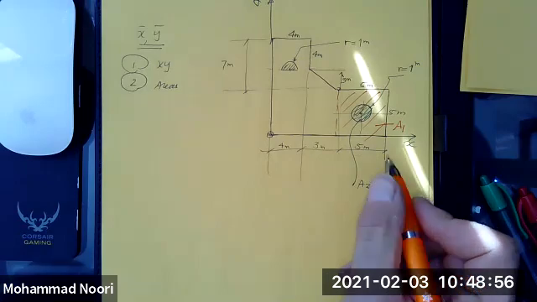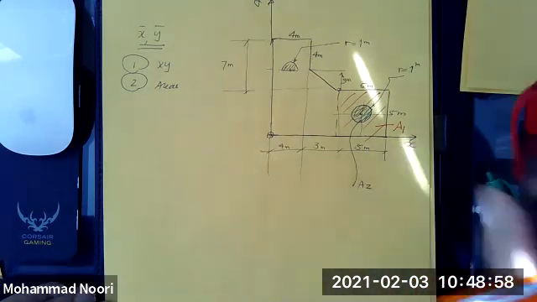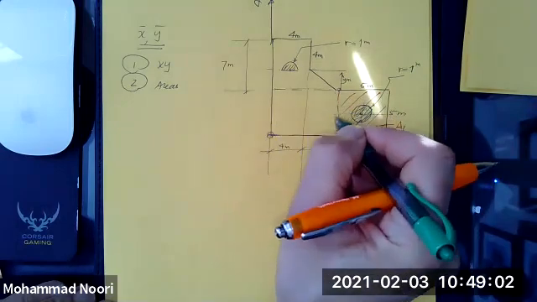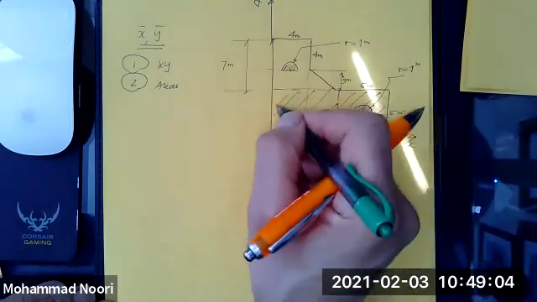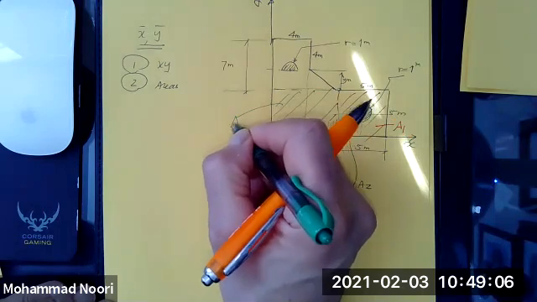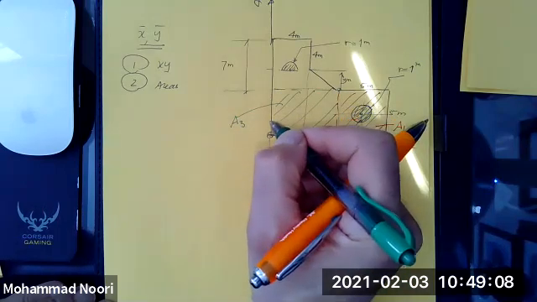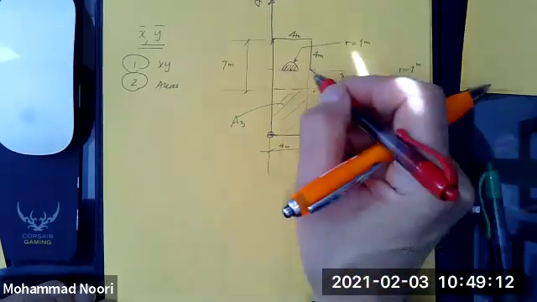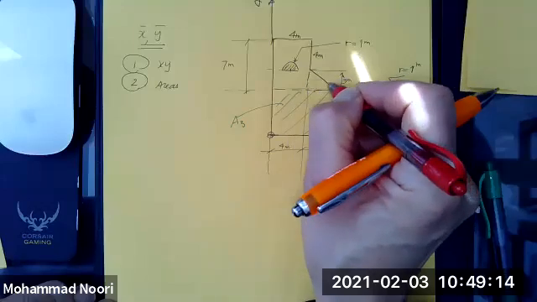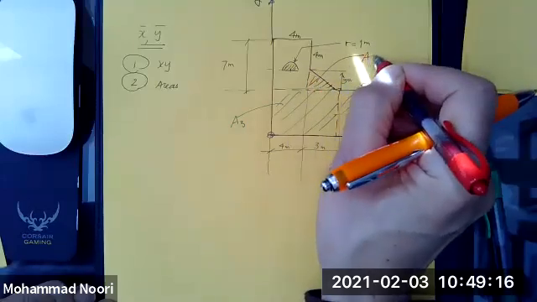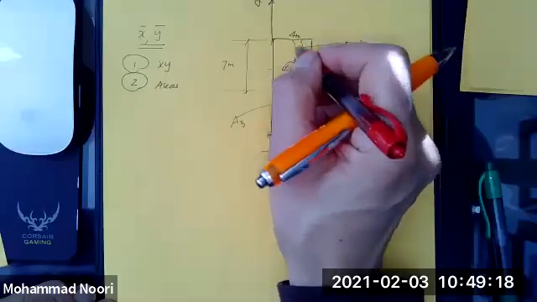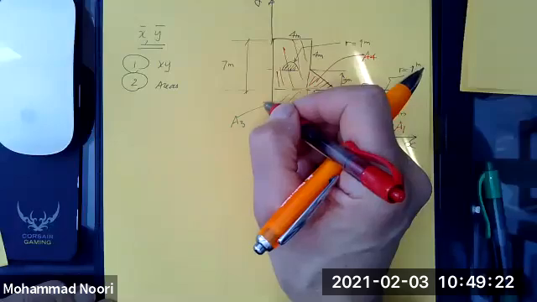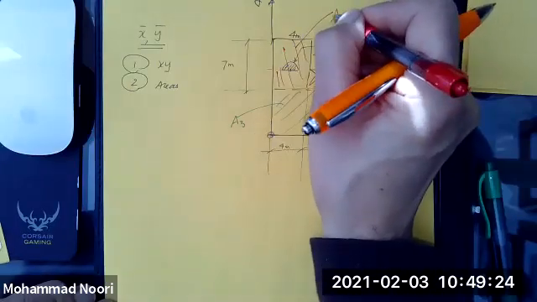Now I will divide this way. Let me call this rectangle A3. I call this triangle A4 and this rectangle A5.